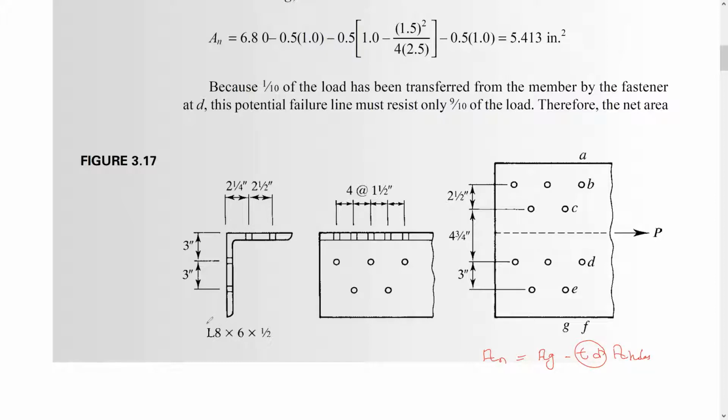From the manual, as I showed you in the last class, for L8 by 6 by 1/2, the gross area is equal to 6.8 inch square, and you can get it from there.